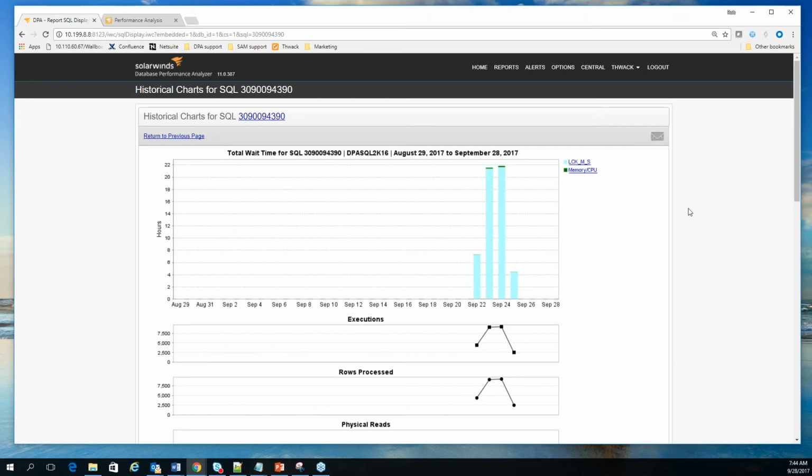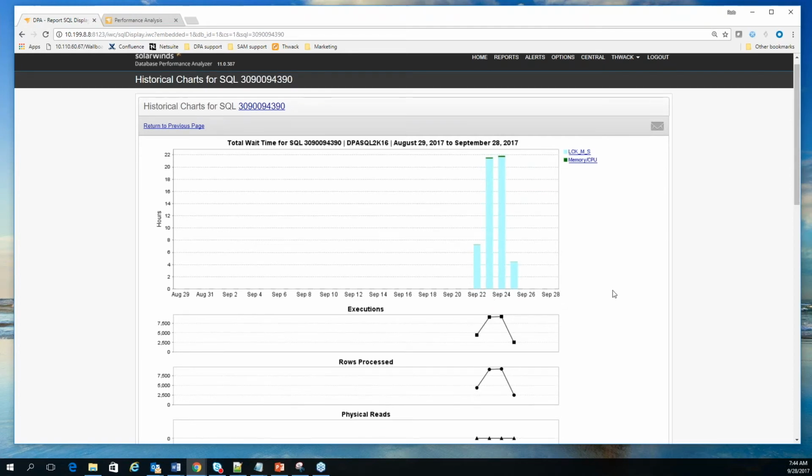So I can see for this specific SQL statement, it had not run prior to September 22nd, so that's when it got introduced into my environment. I can see the number of executions, and I can see the wait time above reflects very closely the number of executions. So the number of executions is driving the wait time in the chart above. Very close correlation there.